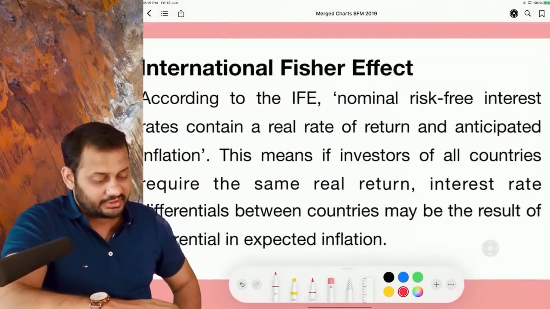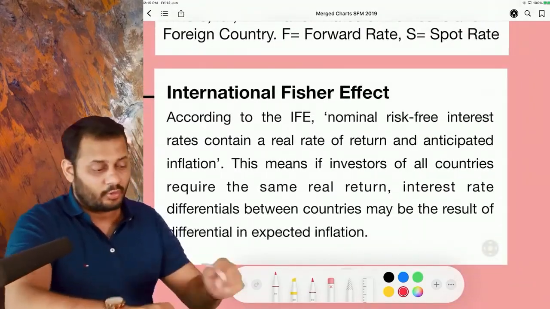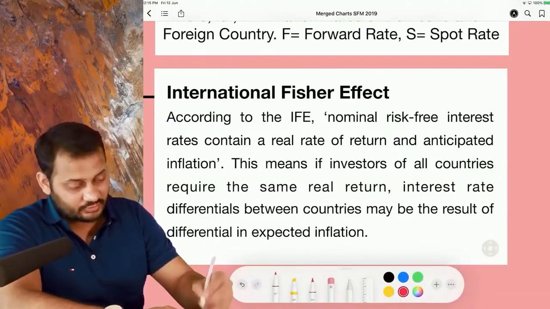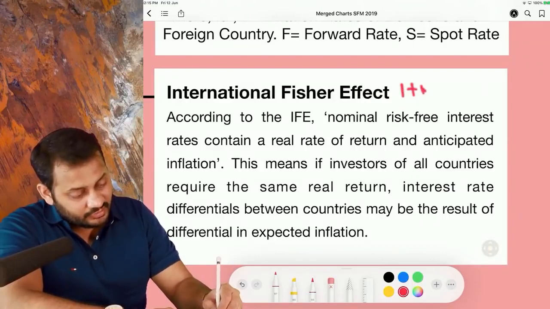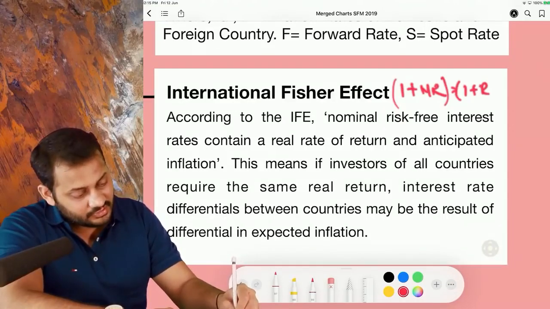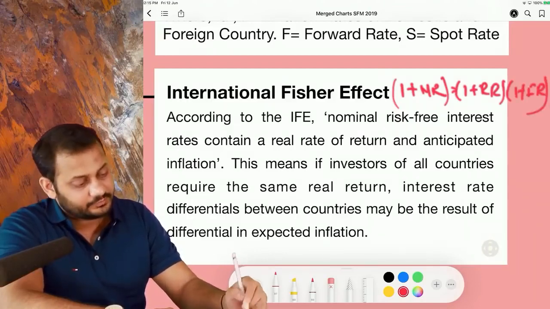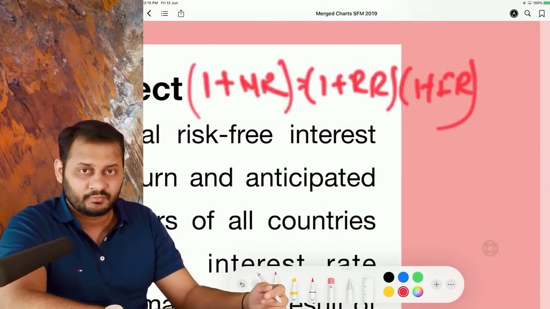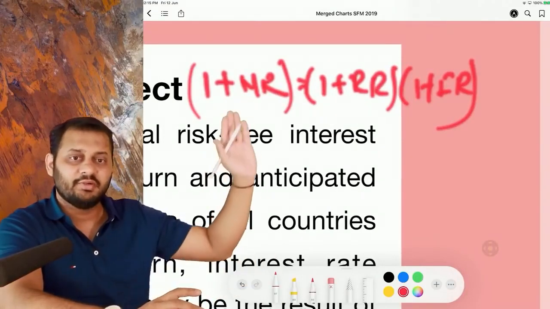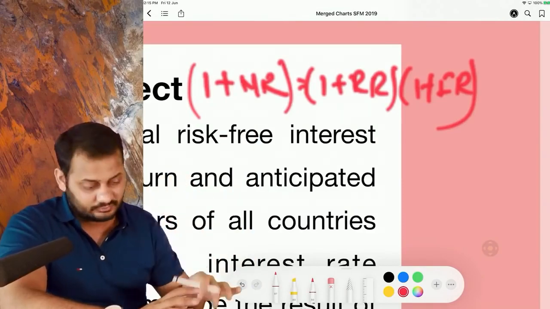International Fisher effect explains the relationship between real rate and nominal rate. So what is the formula for that? 1 plus nominal rate in bracket is equal to 1 plus real rate in bracket, times 1 plus inflation rate. This is the formula. Unless otherwise given, all the rates in the question will be treated as nominal rates.